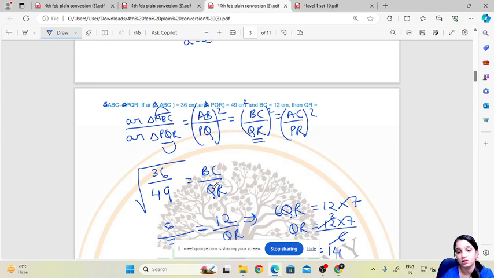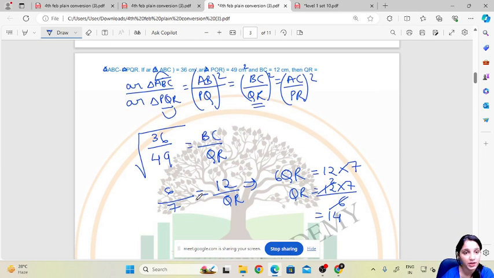I'll just make a quick revision because you have just joined. Triangle ABC is similar to triangle PQR, the area of triangle ABC is 36 and the area of triangle PQR is 49, and BC is given also. When two triangles are similar, we have a theorem that the ratio of the areas of the two triangles is the ratio of the squares of their sides.